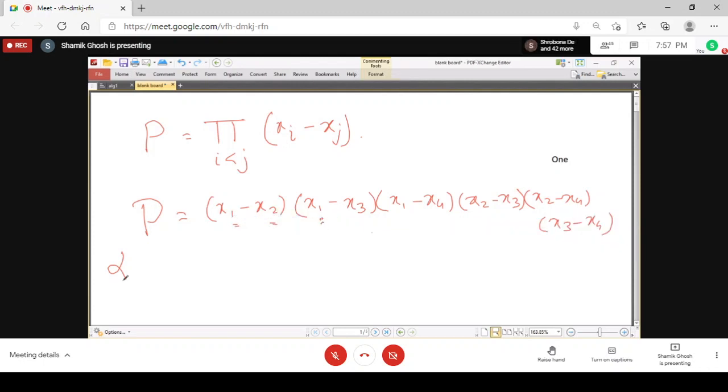For example, if we apply the permutation (1 3 4), that means I will replace all the x1 with x3, all the x3 with x4, and all the x4 with x1, and keep the x2 unchanged.